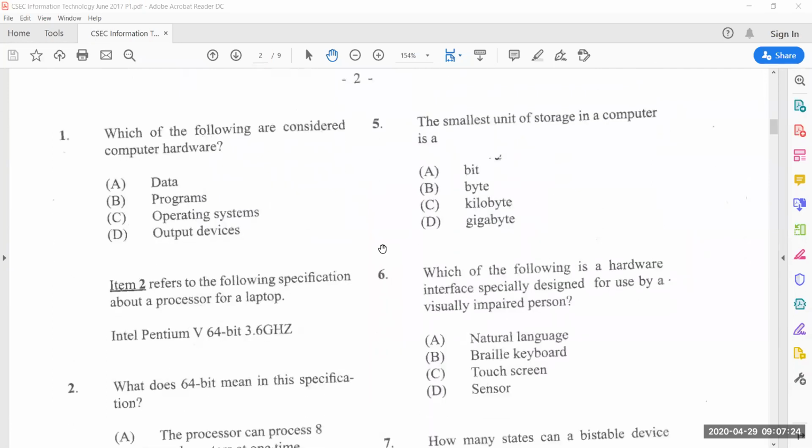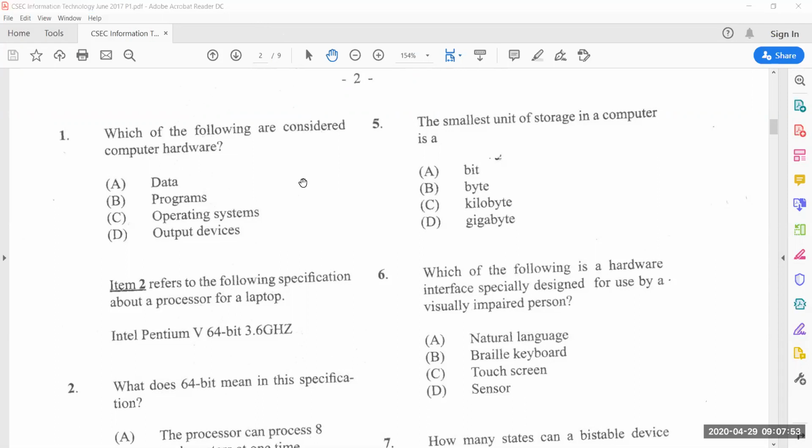All right, let's go to number 5. The smallest unit of storage in a computer is which of the following? Let's start going through here. Dion, what did you have for number 5?